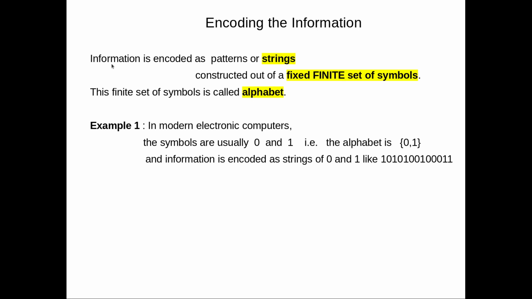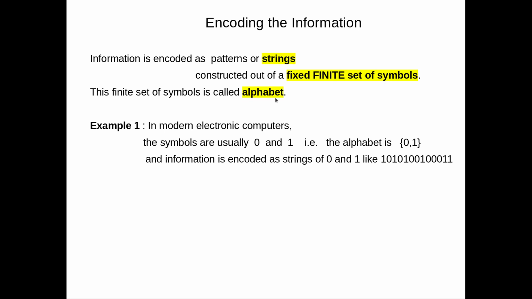Information is encoded as some kind of patterns. We will call that a string. These patterns are constructed out of a fixed finite set of symbols. This finite set of symbols that I'm talking about is called an alphabet.